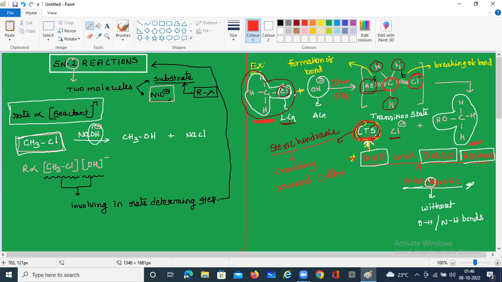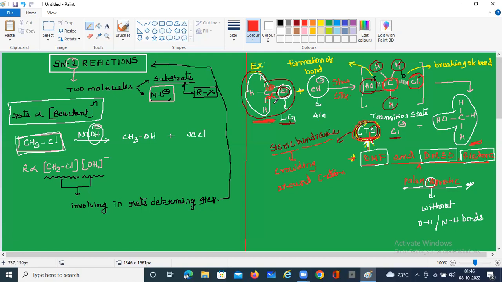So the leaving group. Otherwise, if there is no leaving group here, what can we simply call it? We can also call it alpha carbon, isn't it? Alpha carbon, otherwise beta carbon. Sorry, not carbon, alpha cation. Okay, alpha cation, because after removing that leaving group, this one should be converted to a positive charge, isn't it? So we can say alpha cation and beta carbon, on the other side another carbon like CH3 CH2, if it is there.